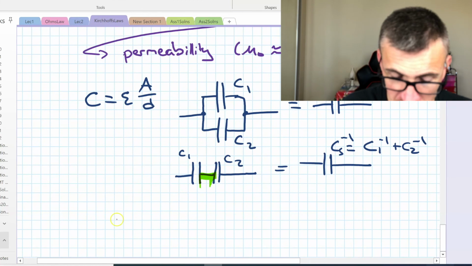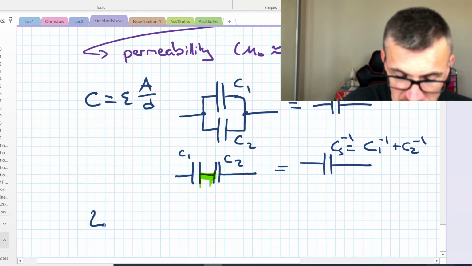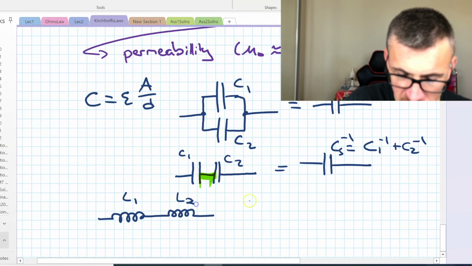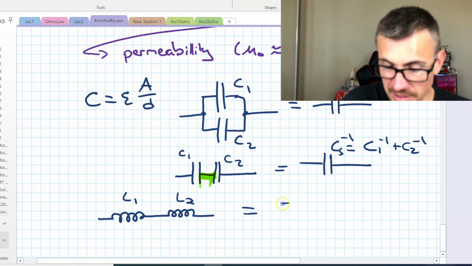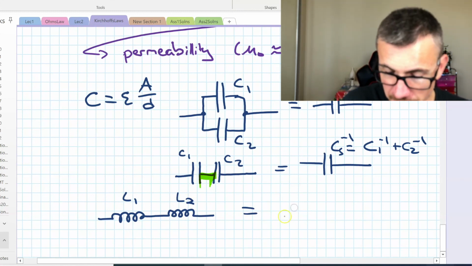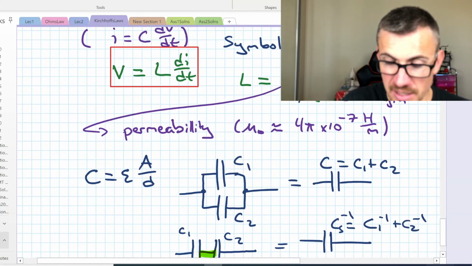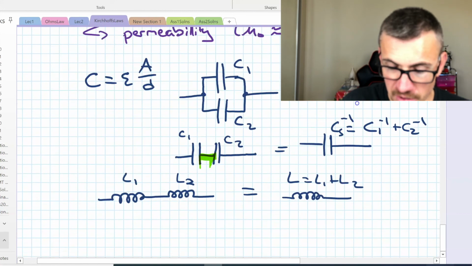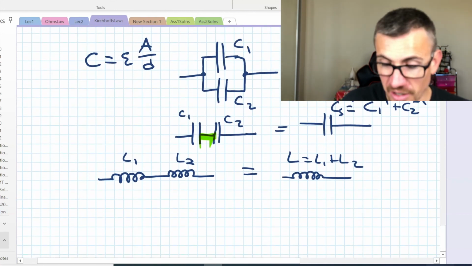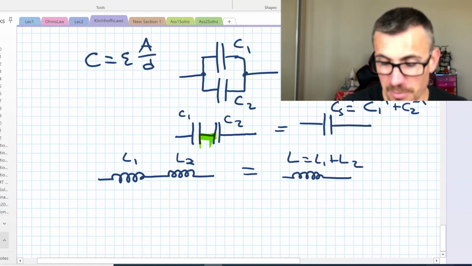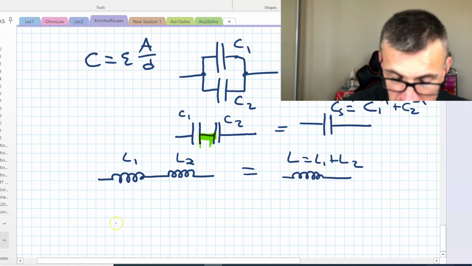Finally, for inductors, I just get the case like resistors. So I have two inductors, L1 and L2, in series is equal to just the simple sum of them. And that might seem weird to you because in our equation, L was in the denominator, but effectively we've increased our n, and it's n squared over L. So we get a bigger benefit from having more loops.